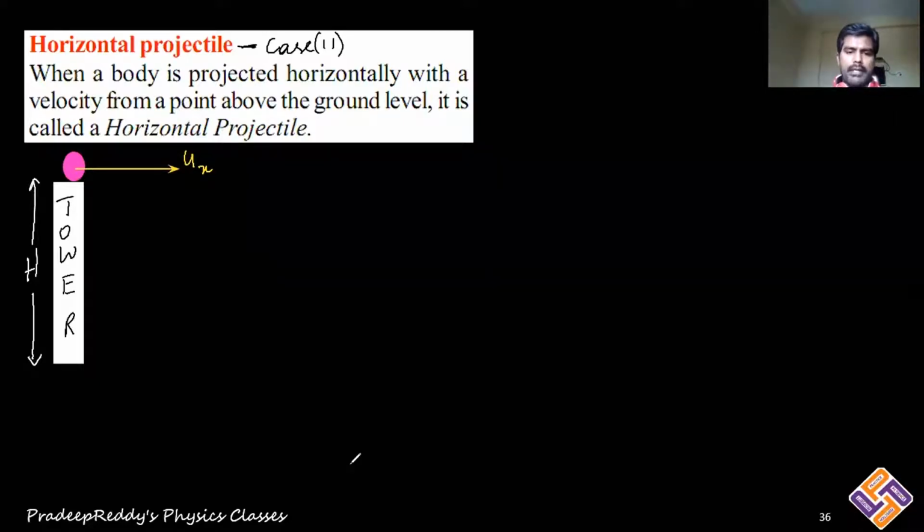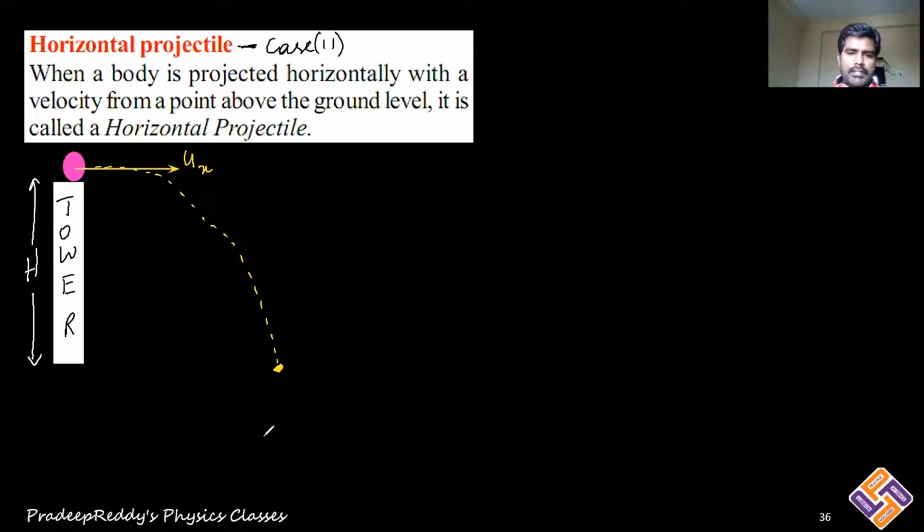What would happen now when you are projecting this body along x-axis? It would take this path, it comes and finally falls at this position. So horizontally it is traveling some distance.